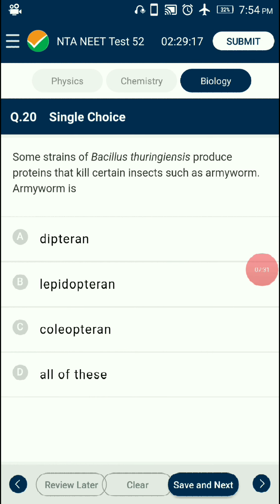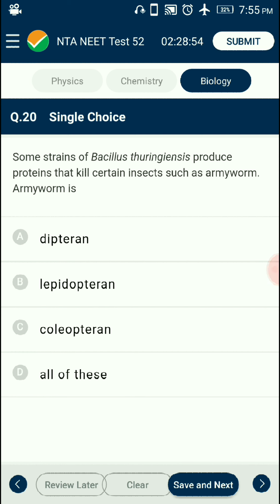Some strains of Bacillus thuringiensis produce proteins that kill certain insects such as Lepidopterans. It is generally called tobacco budworm, armyworm.